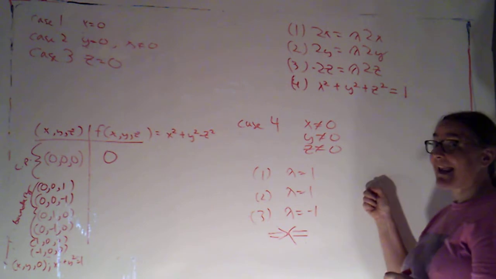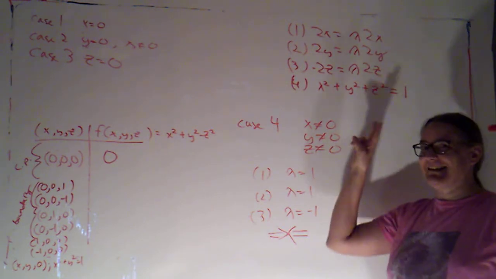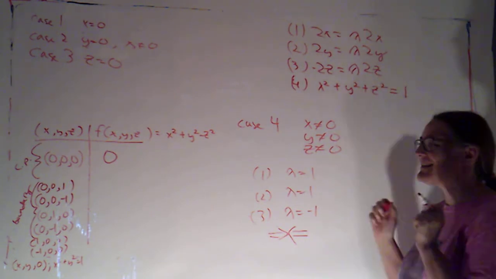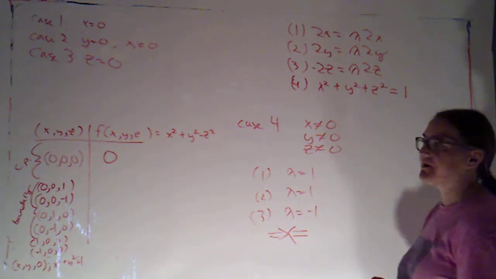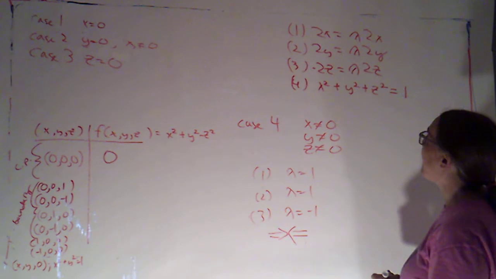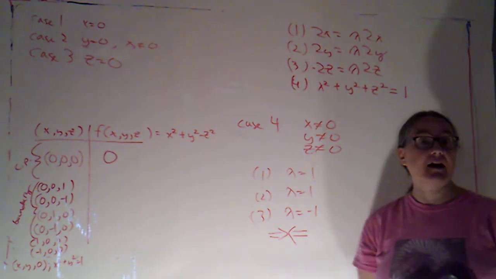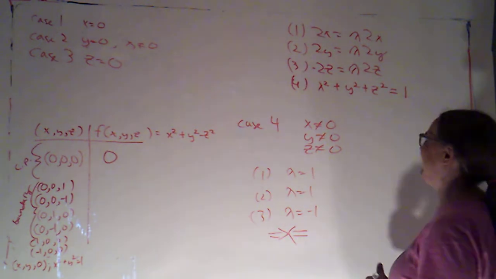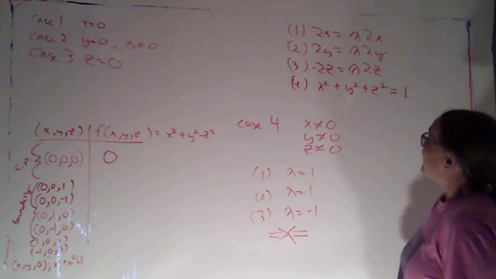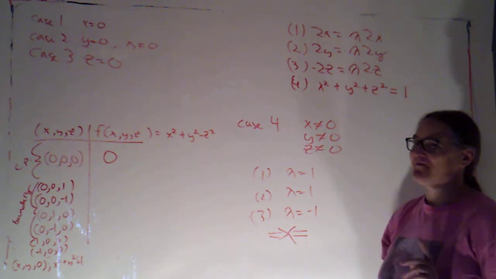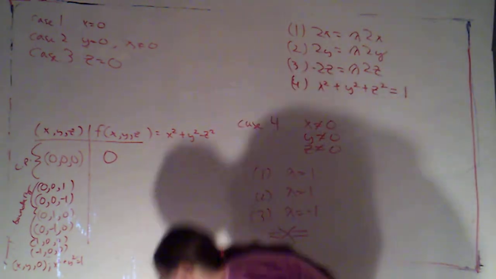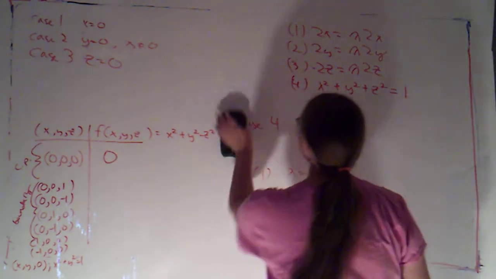I don't get any points from the nice case. The nice case does not give me any points in this particular problem. Wow, that's kind of exciting. So it really was important that we check the problem cases, and that's why I chose this problem, just to make it super, super important.